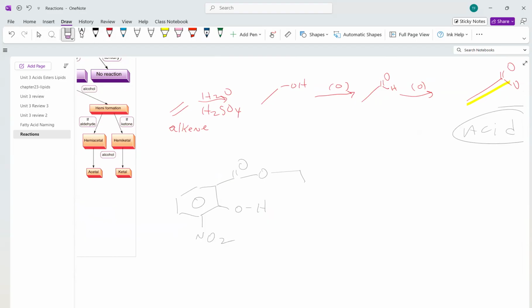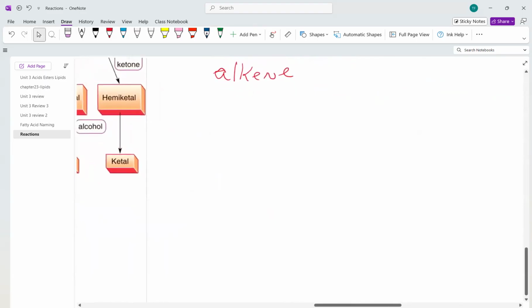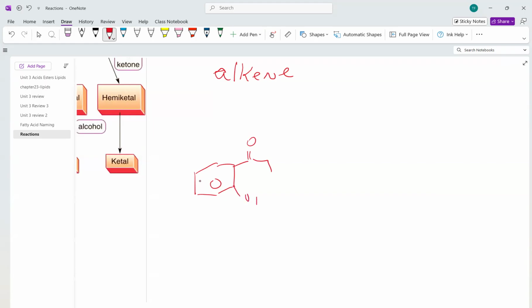Okay, so I give you a molecule, and the question is, is it saponifiable? What do you look for?